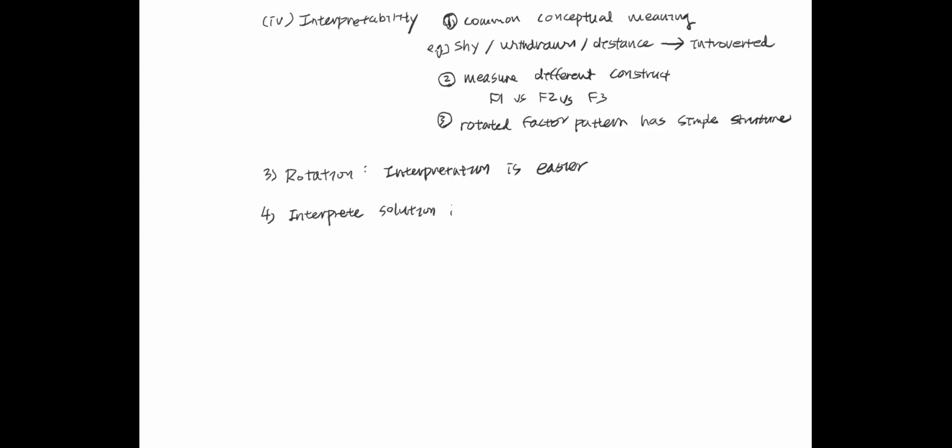We have the factor loading matrix, which is the most important output from the factor analysis, right? Using the factor loading matrix, we interpret the factors. For example, we name the main factors, and we also figure out which items belong to which factors.